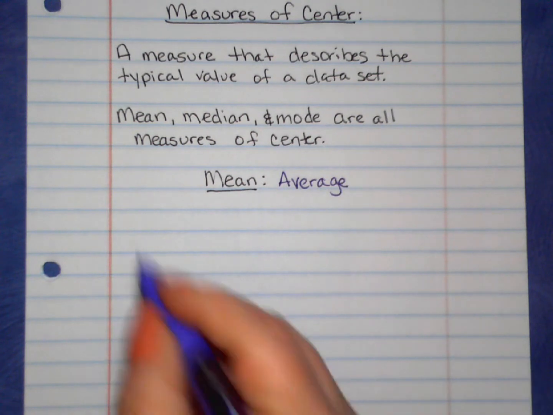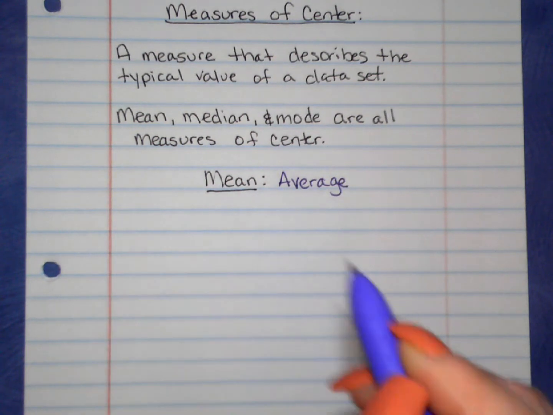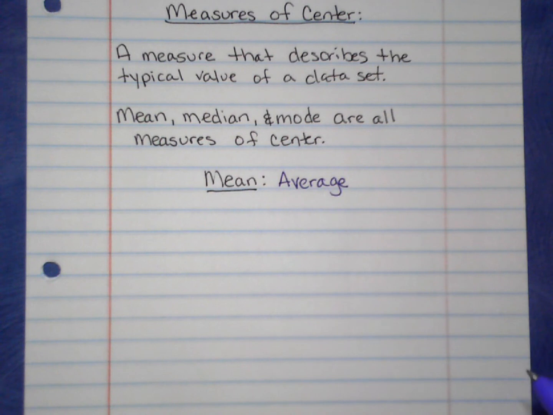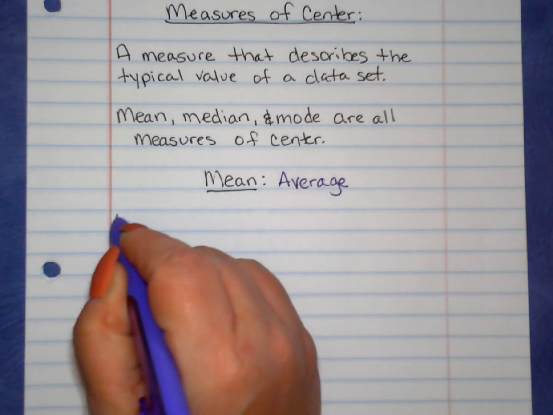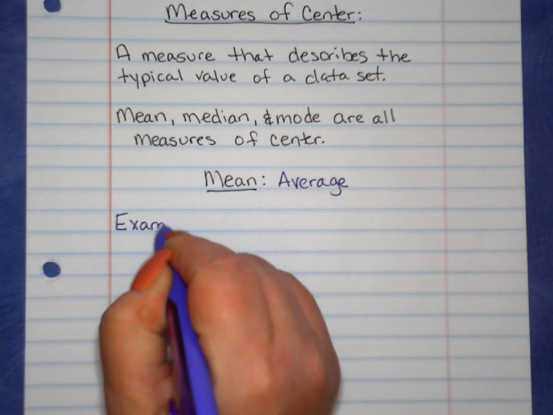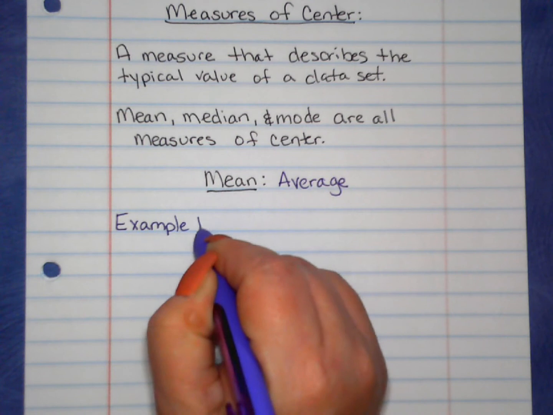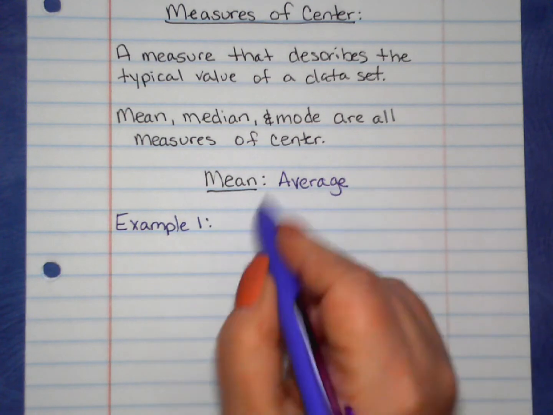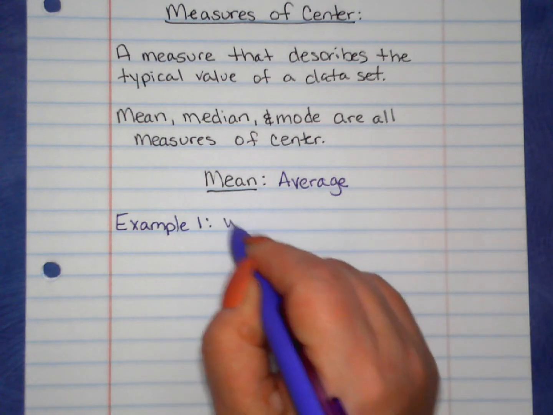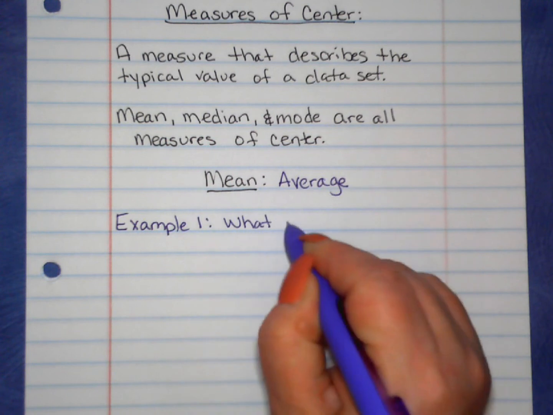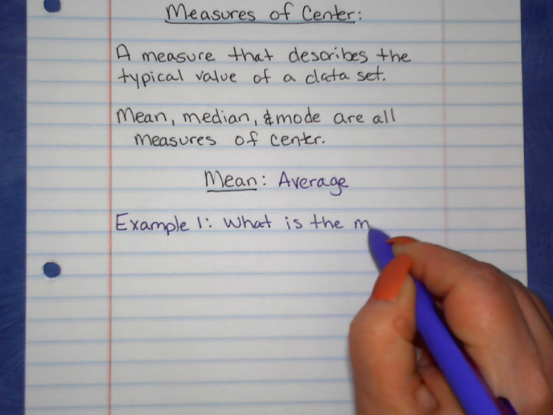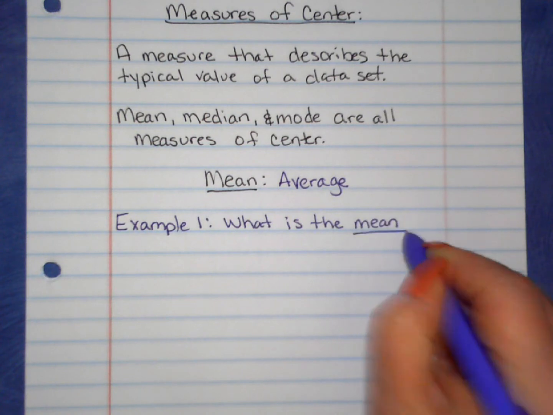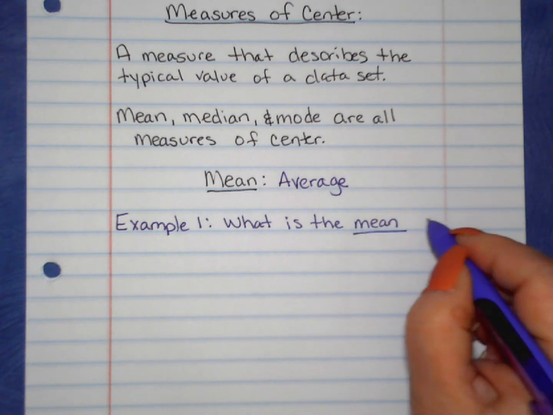Let's first talk about, I think what I'm going to do is I'm going to draw my chart that I'm going to use to find a problem. So let's go ahead and we'll write example 1. And the question that we're going to try and answer is, what is the mean number of text messages sent? Underline mean, because that's your word for today.